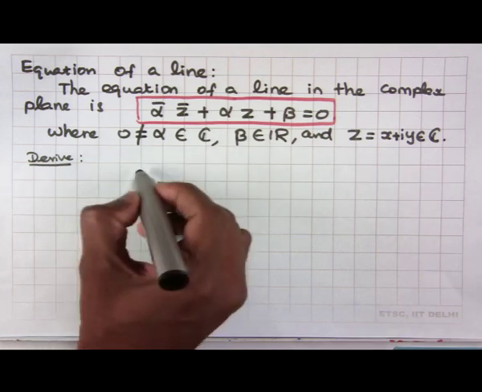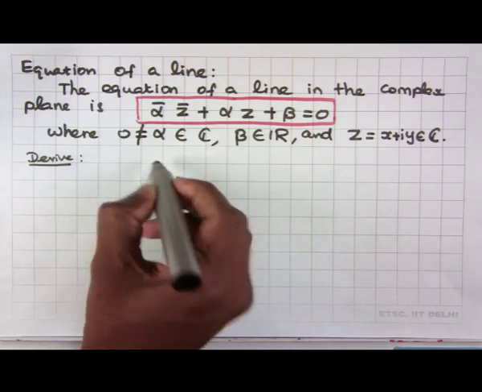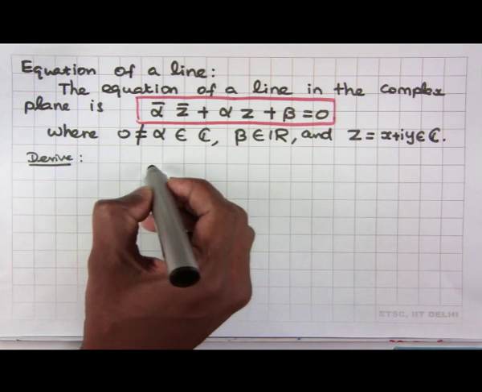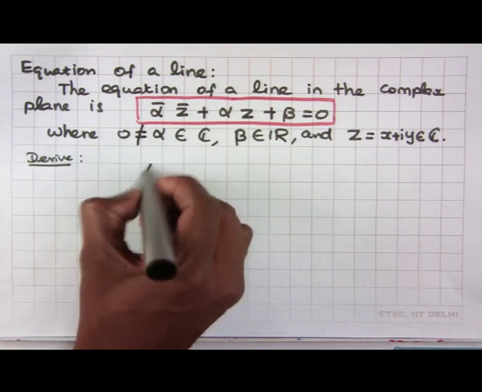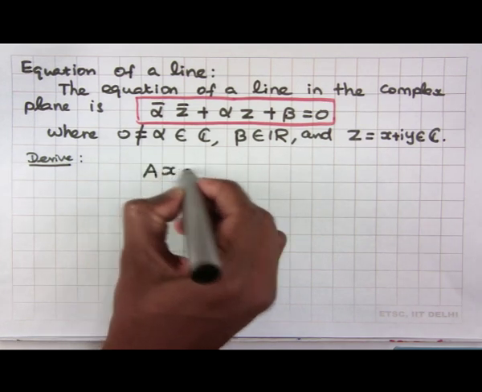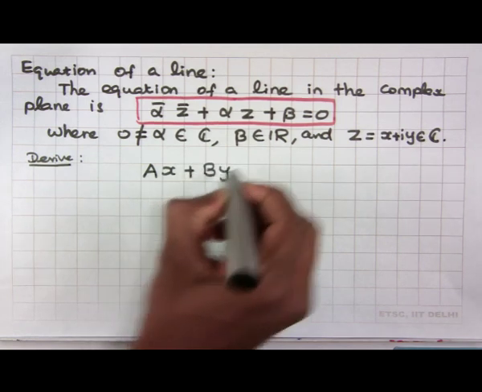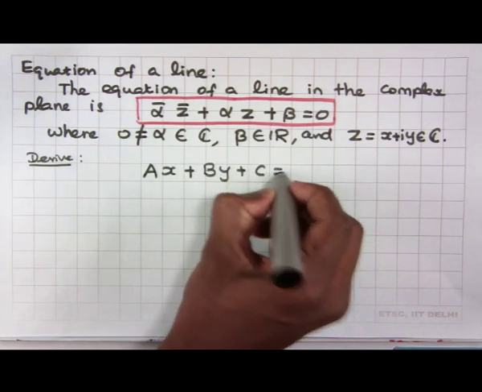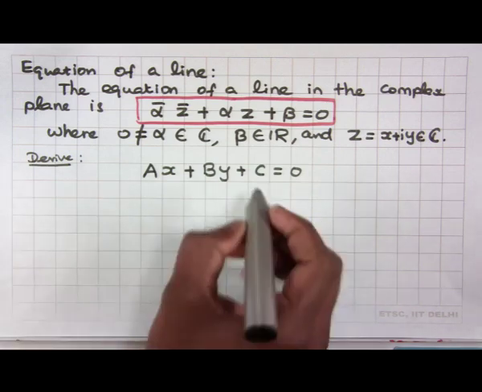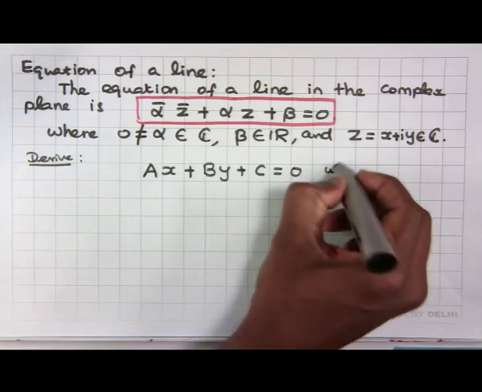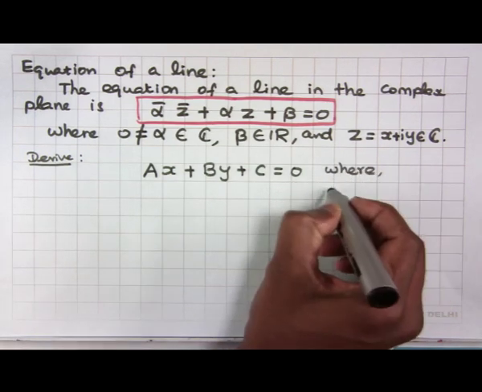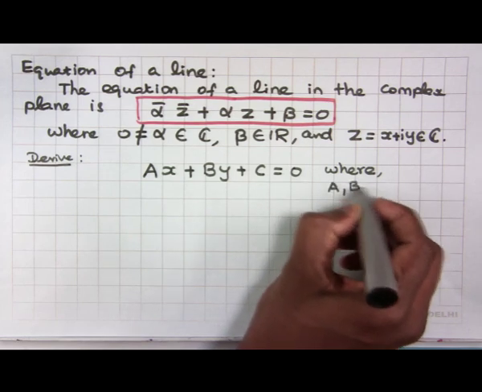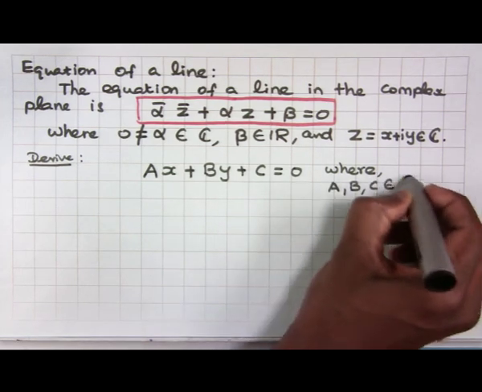So, the general equation of a straight line in the Cartesian coordinate system is given by Ax + By + C = 0, where A, B, C are real numbers.